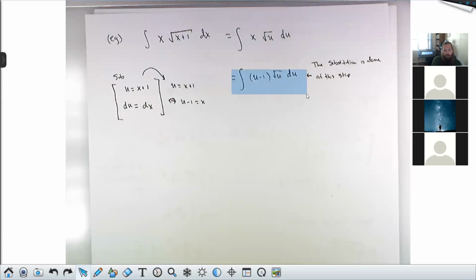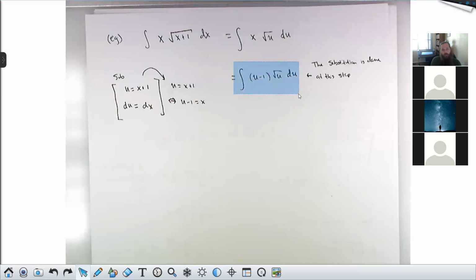But this is just a function of u, and I want to integrate it with respect to the variable u. This does make sense. So any steps that are in between here, we have to navigate our way through to get the integral into all the new variable, right? None of the old variable floating around.